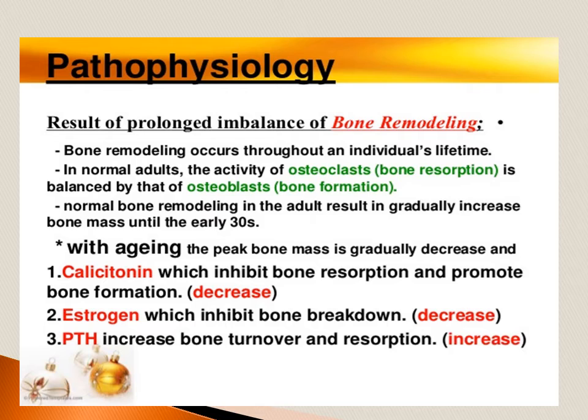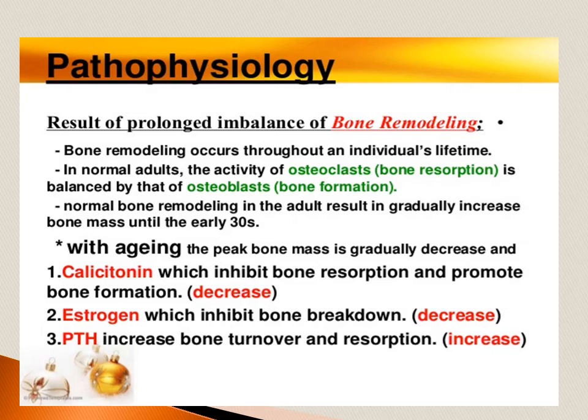That means during age 25 to 35, or you can say 30 years, there will be maximum bone growth or maximum bone maturity. But after those 30 years, bone strength will decrease gradually. Subsequent loss of bone strength or bone maturity is the main reason for the weakness of bone, and it also leads to osteoporosis.